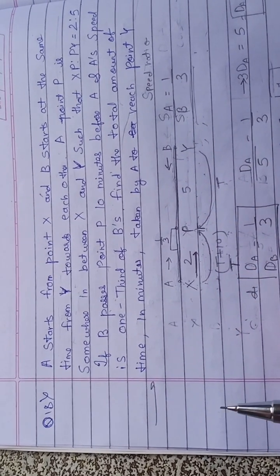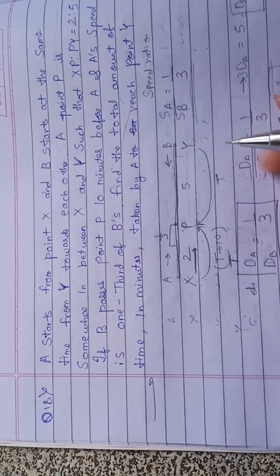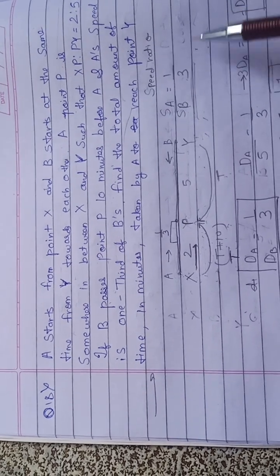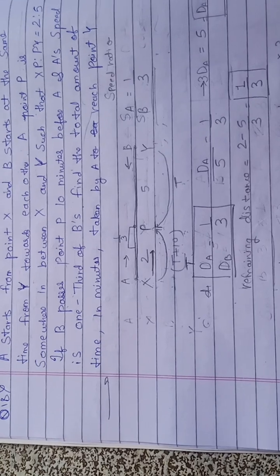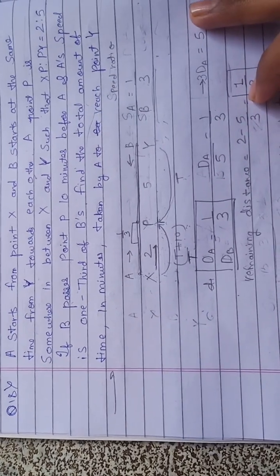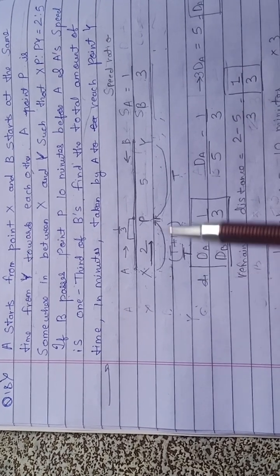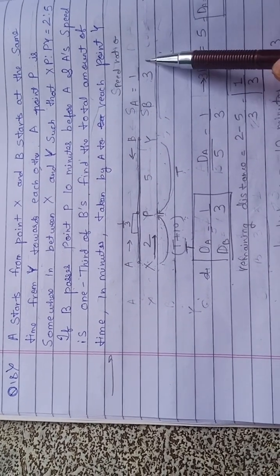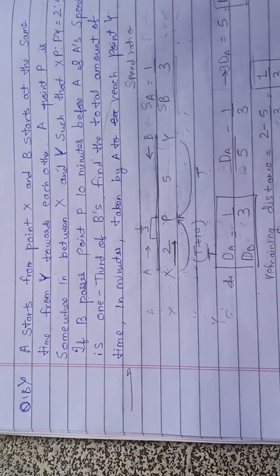Why do I want to make time constant? Because whenever time is constant, the ratio of speed and distance is equal. We all know that, we have learned this thing from school. When time is constant, speed ratio and distance ratio are equal. So I want to make it equal.